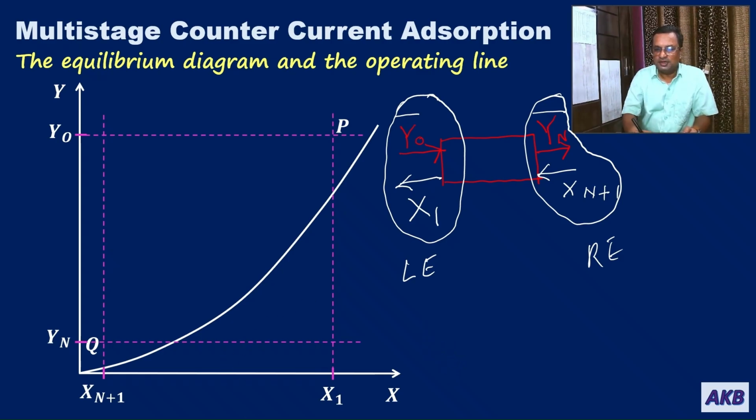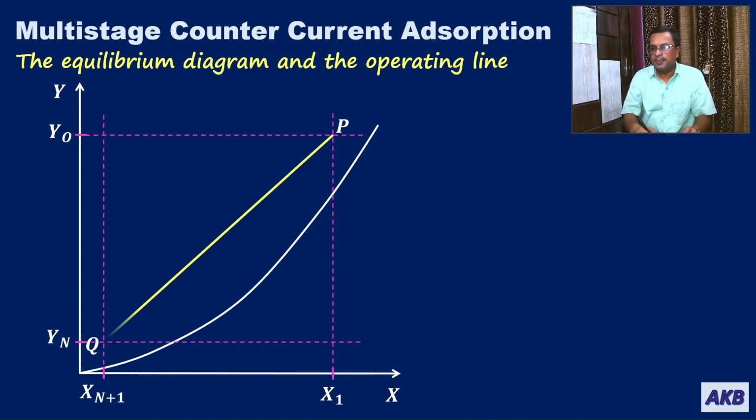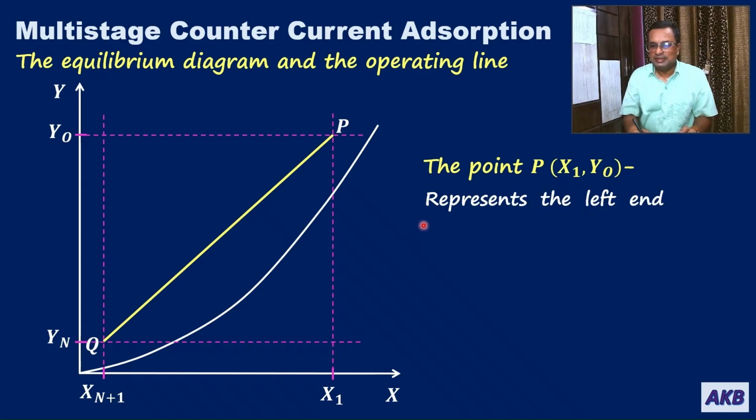Now, first of all, I will rub this because we will not need it anymore. Okay, so then the line connecting points P and Q is the operating line for N stage counter current adsorption operation. So point P with coordinates x1, y0 represents the left end of the cascade.